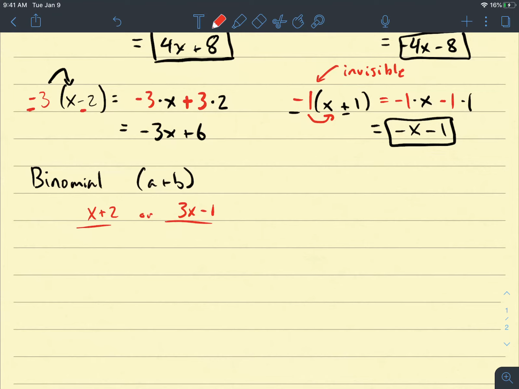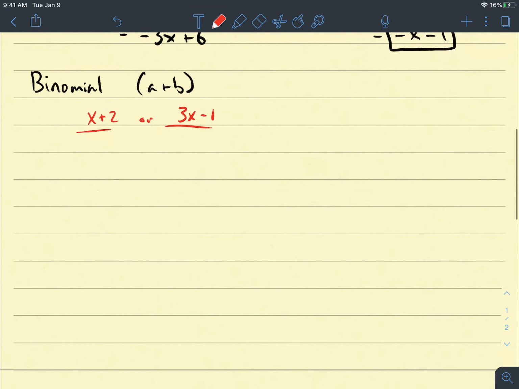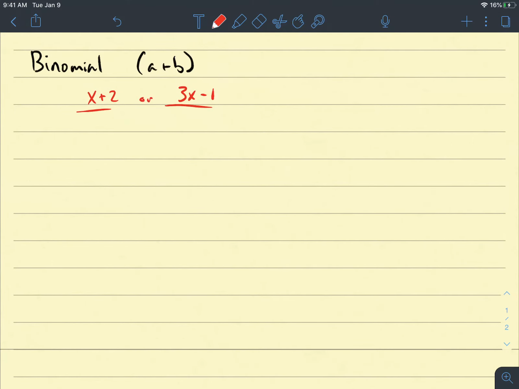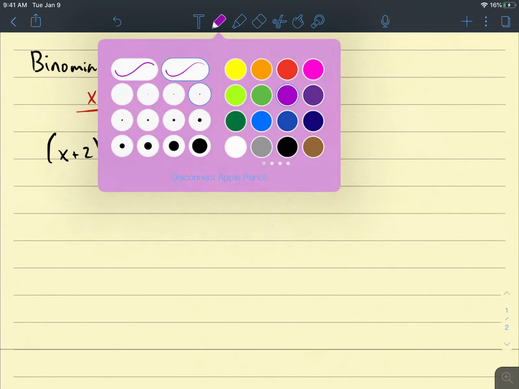We're going to be using the FOIL method. But first, we just got to write this down. You're going to be seeing a problem that says x plus 2 times 3x minus 1. Right now, we're combining a couple of things we've learned. We're going to be using the distributive property, but we're also going to be using something known as FOIL. Some of us might have heard it before, some of us have not.